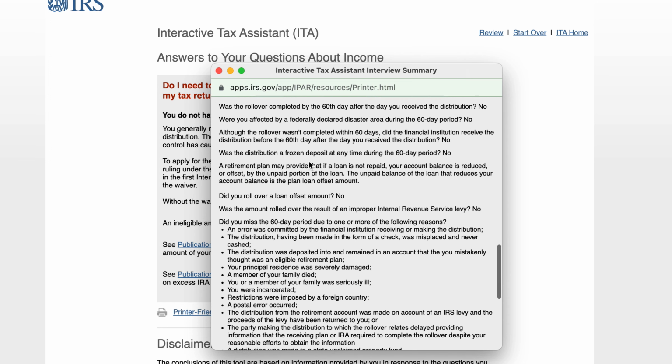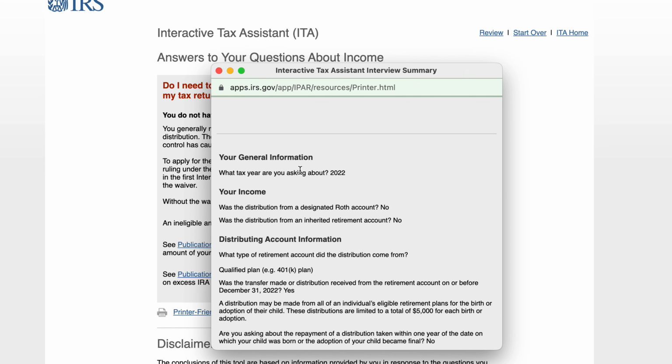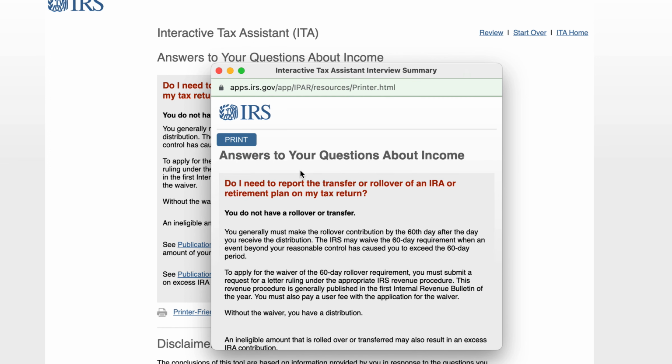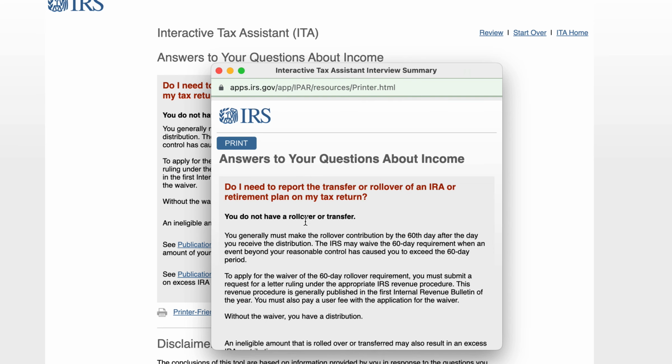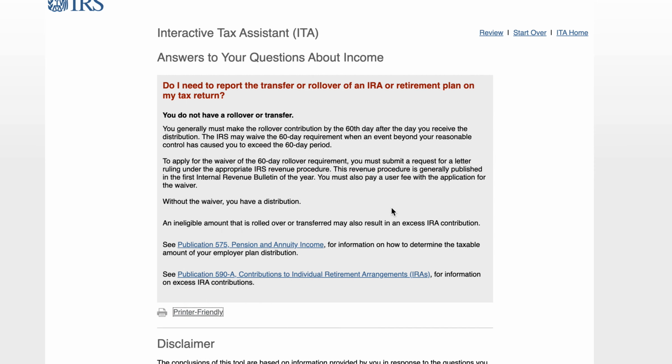You can use this as a planning tool just so that you can game plan how you would do a few upcoming distributions from one of your accounts to another. Or a transfer, a rollover is what you would want, not a distribution. So I always print this because once you get to the right answer, you want to print it, keep it in your tax records in case you're audited.